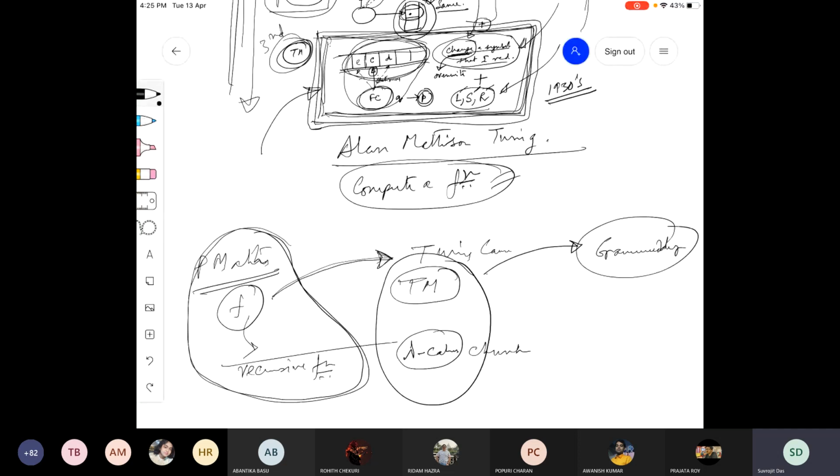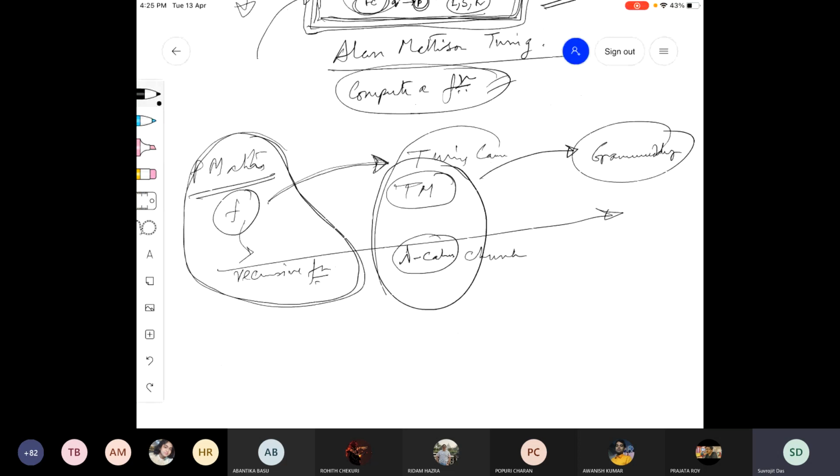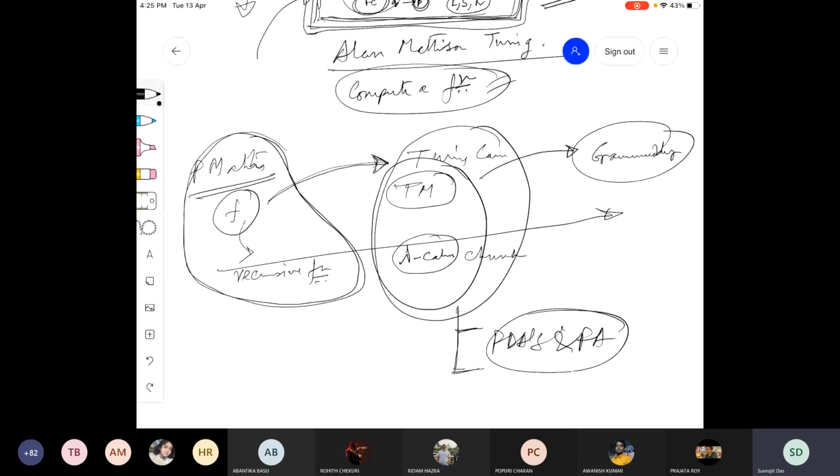And this is how it happened, right? And then after the Turing machine was well accepted in the research community, people tried to find easier models of computation, more deterministic models of computation with less complexity, and people came out with PDAs and finite automata.